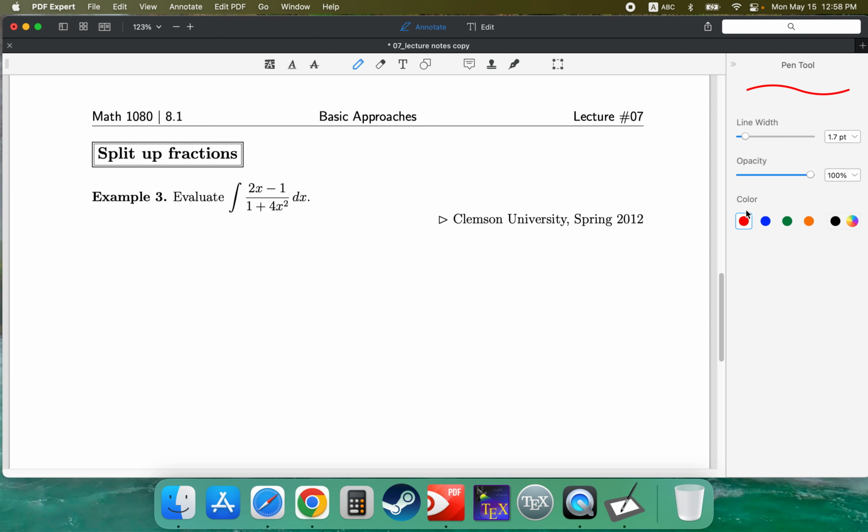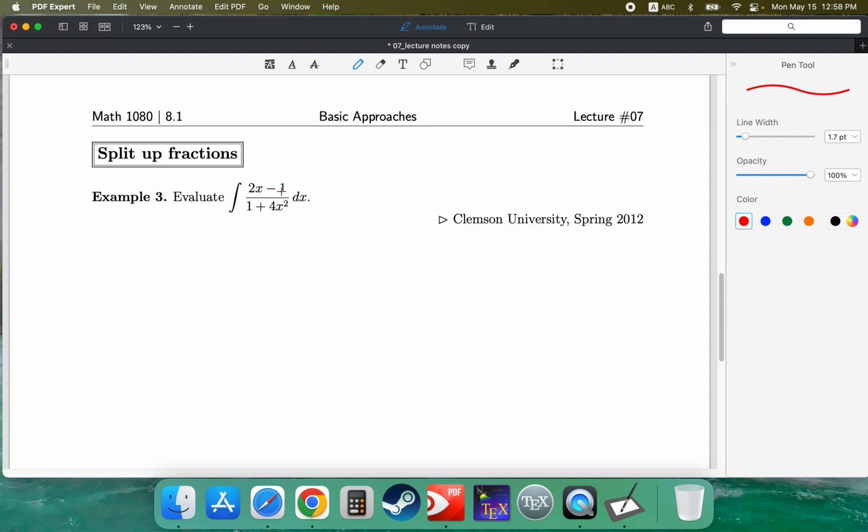So the natural choice for your u should be 1 plus 4x squared. If you let u be 1 plus 4x squared, then your du will be 8x dx. And then you can take care of 2x, but you cannot take care of that 1, because there's no x right here.